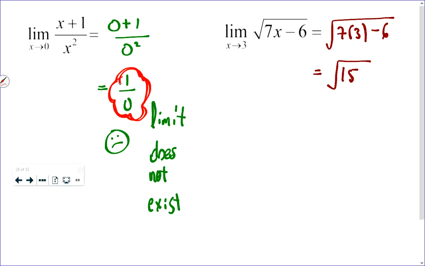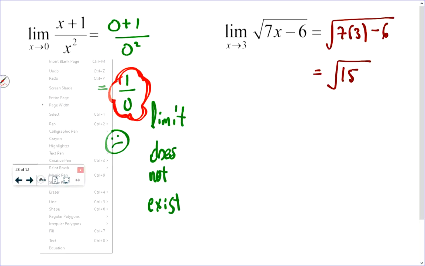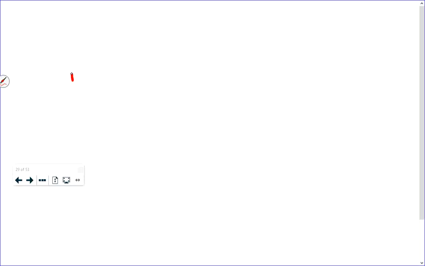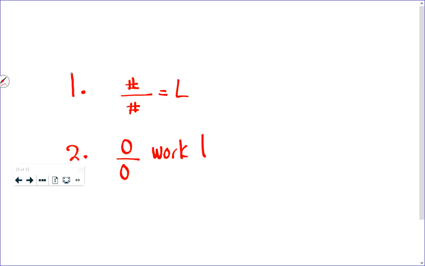So there are 3 situations that you can encounter. You can encounter a number over a number, in which case that's equal to the limit. You can encounter a 0 over a 0, in which case you work to remove the zeros.